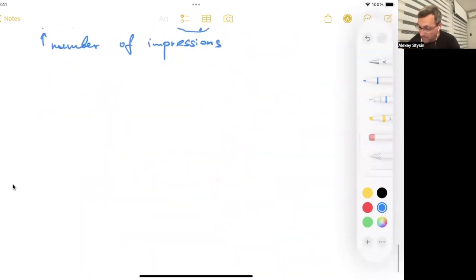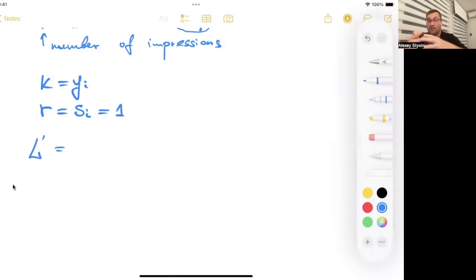So this is for a single example. Now we can set K equal to yi, and R we set to the number of impressions, which we are going to call si. And for now, we are going to assume that this is equal to 1. So now we get the loss function. This loss function is the logarithm of the product of the negative binomials.